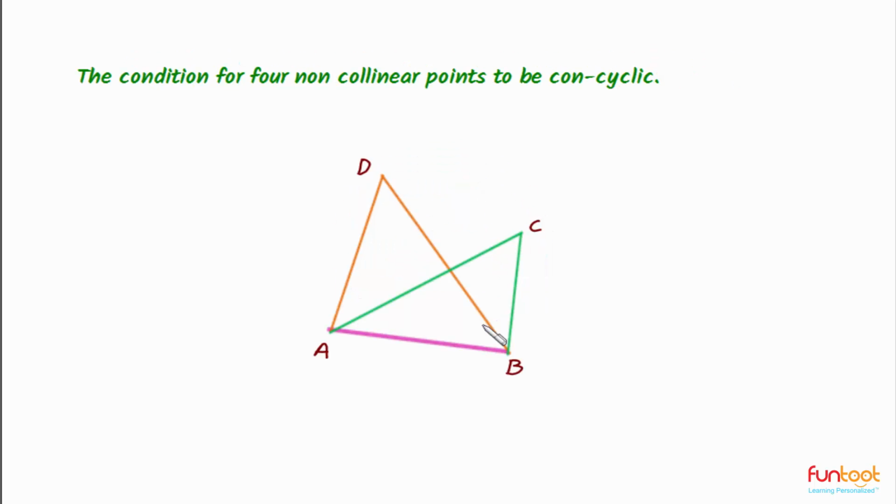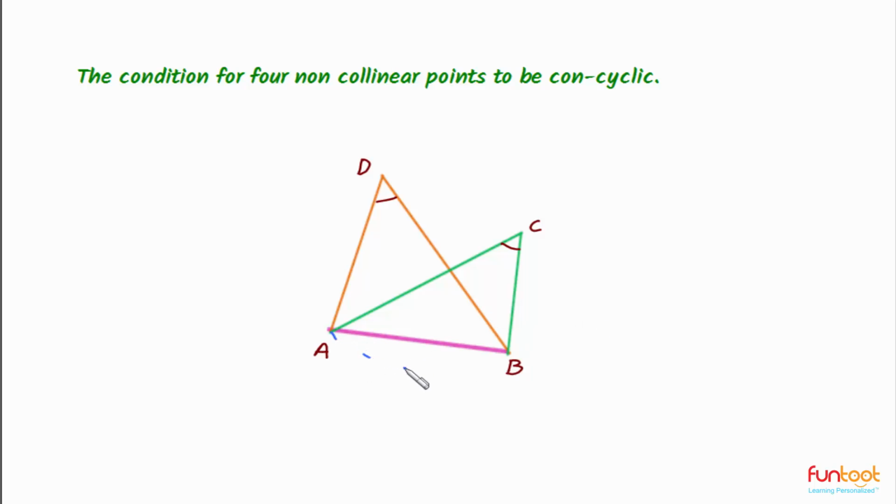The next property is the condition for four non-collinear points to be concyclic. So if we have AB as a line segment and it subtends equal angles at points C and D, then these 4 points A, B, C, D are concyclic. That means they will lie on the same circle. The converse of this is also true.